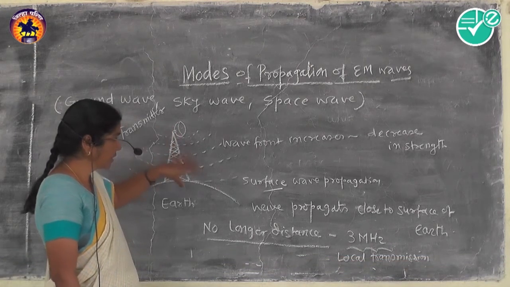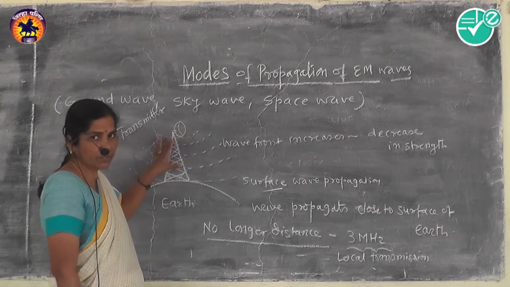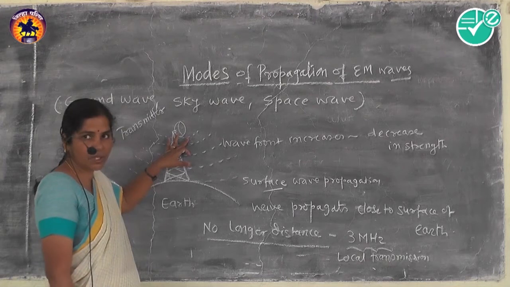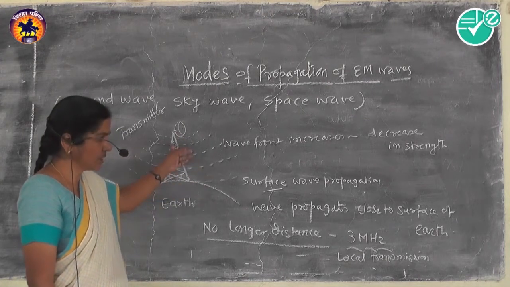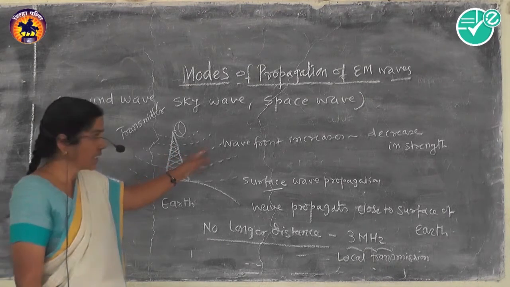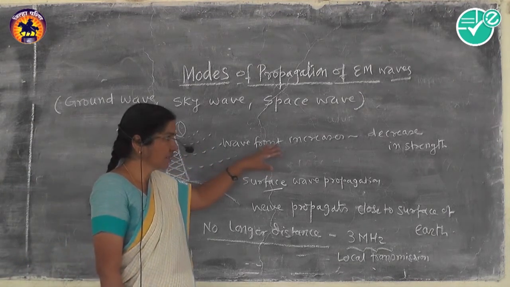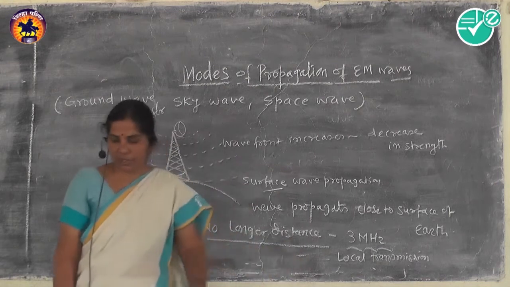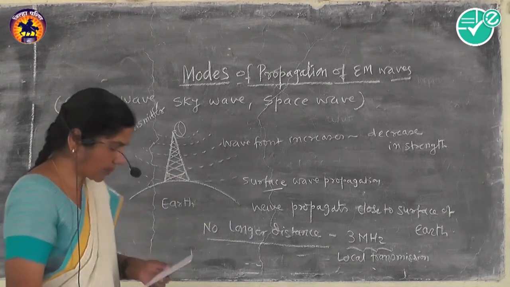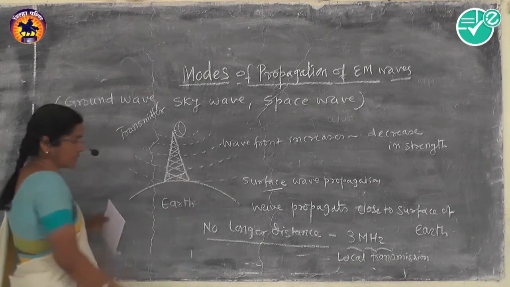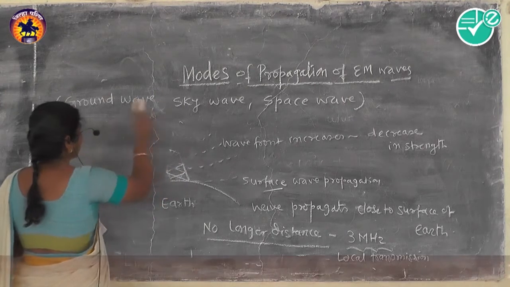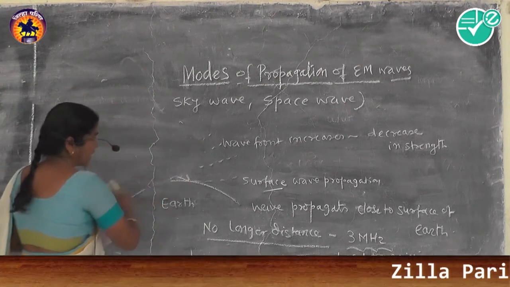If we increase the frequency, it will induce more current in the ground, and so these two options are limited over some distance. Therefore we use another type of wave communication known as sky wave propagation. So the first one is ground wave communication, and the second one, which we now see, is sky wave propagation.